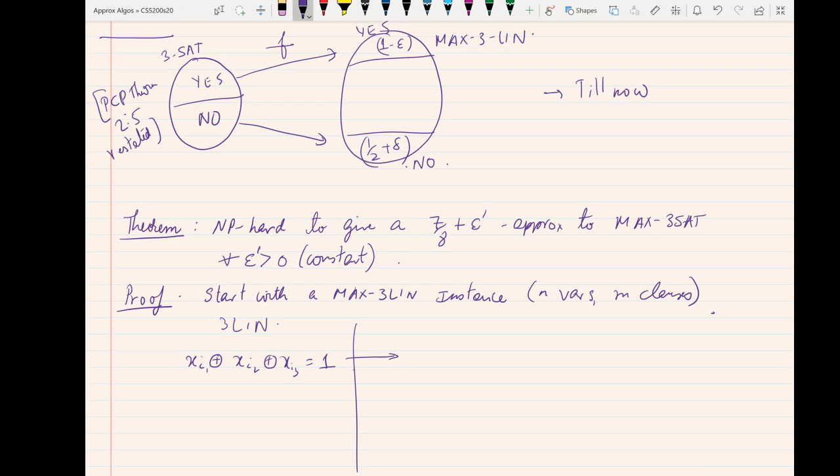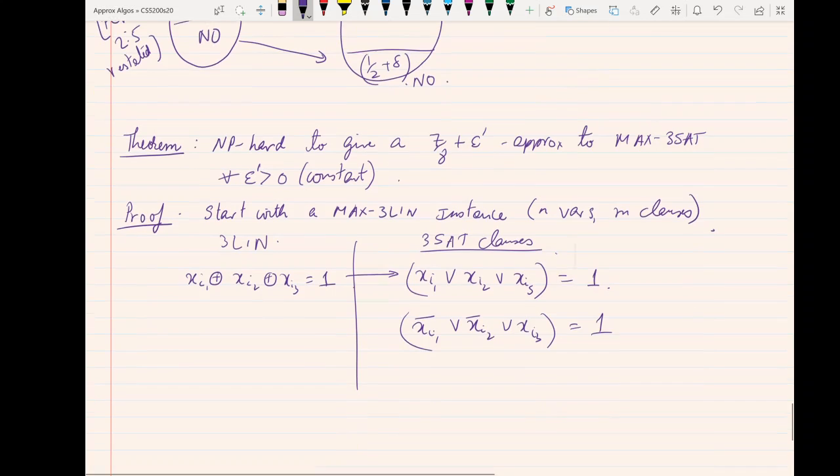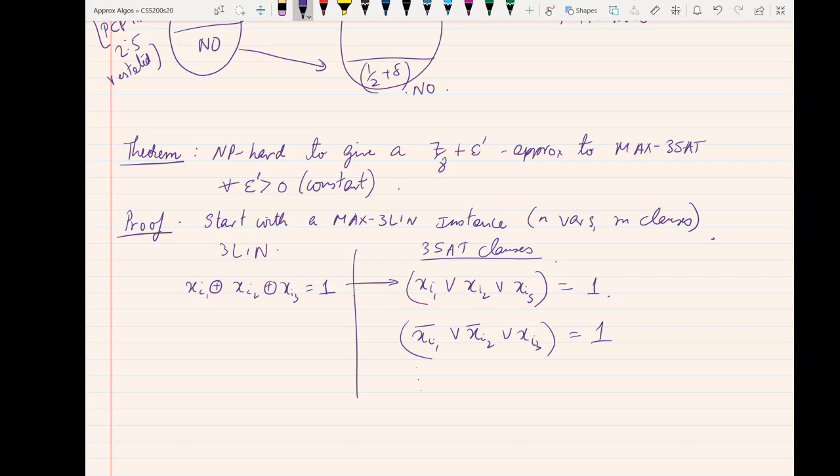So you transform that into a set of clauses which state that, for every equation in the 3-Lin instance, I'll get, well, actually 4 clauses, and so on.